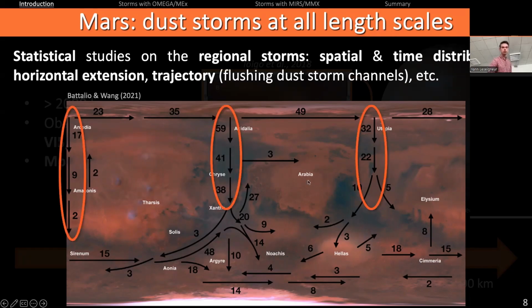Most of these dust storms form in one hemisphere and flush toward the equator to reach the opposite hemisphere using some channels, as you can see here, the 3 main channels to go from the northern hemisphere to the southern one.